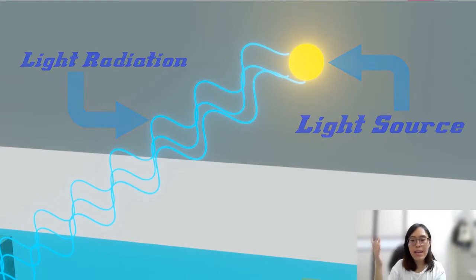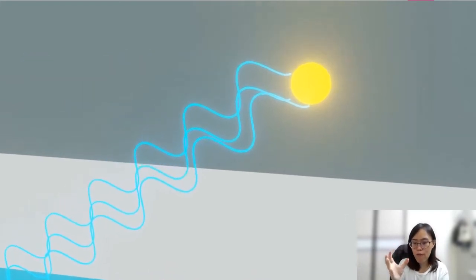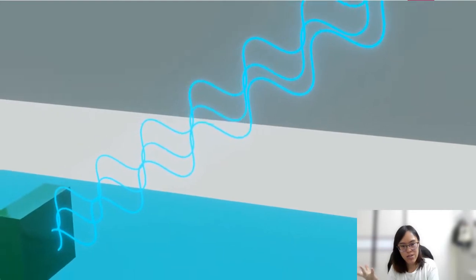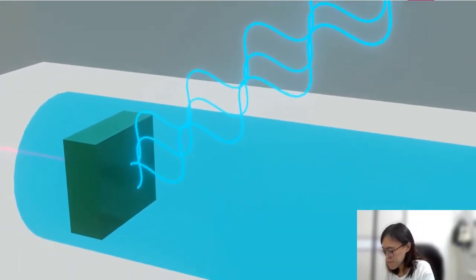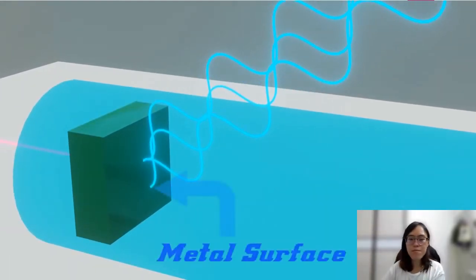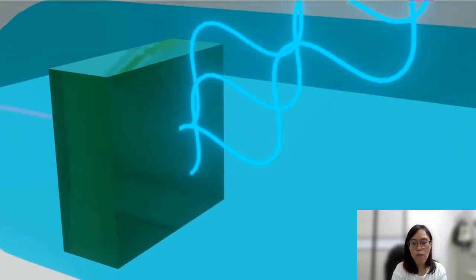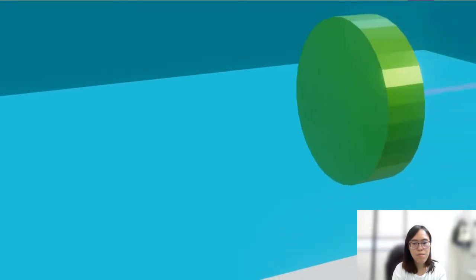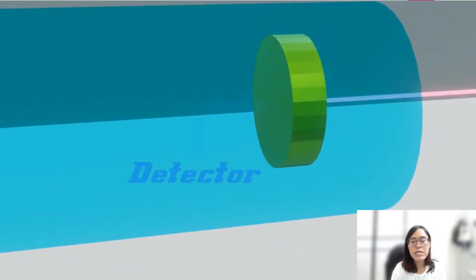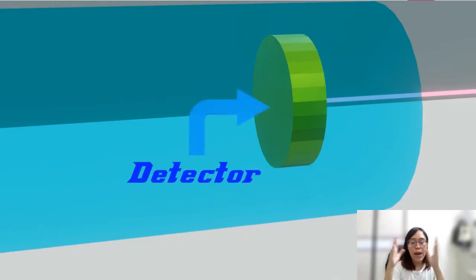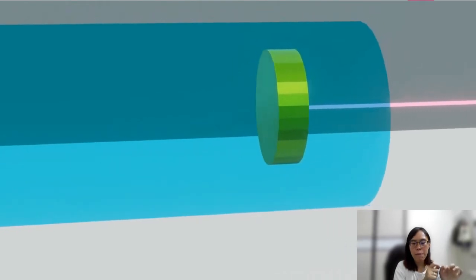We have also learned that light is a visible wave, so it has radiation. The metal surface is the cathode, and the cathode is made of metal. The whole setup is in a vacuum, because electrons are only able to move in a high vacuum.